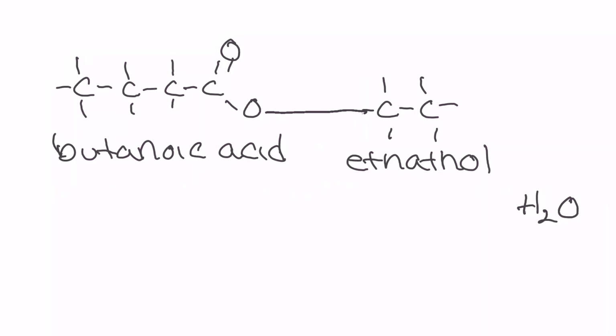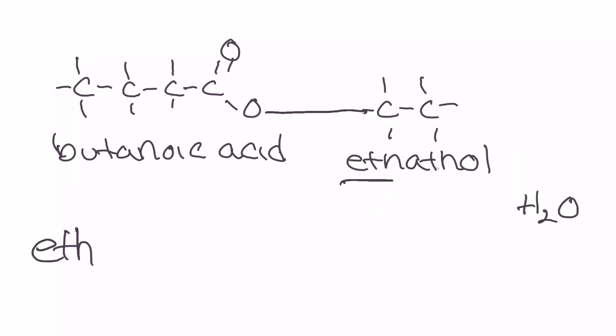Well, we have two names put together that represent both the acid that it came from and the alcohol that it came from. And the rule is to name the alcohol side first. So because there were two carbons, we still use eth to represent the two carbons that came from the alcohol.